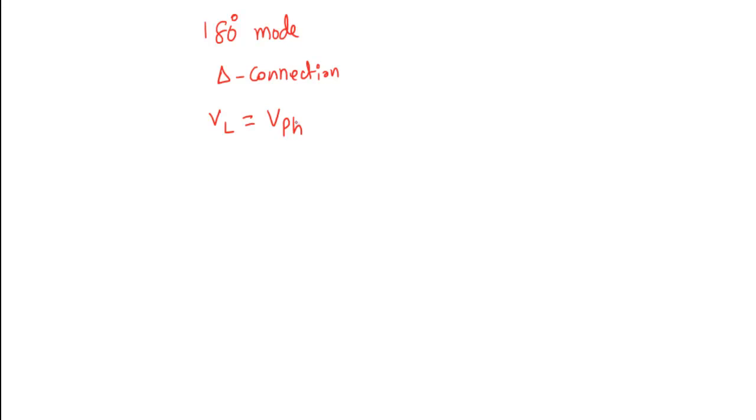How do we get the delta connection results from the star connection? Remember, this is very important. Simple thing, no need to worry much. You can take that this is star: this is the phase voltage between the neutral and the terminal, and this is the line voltage.